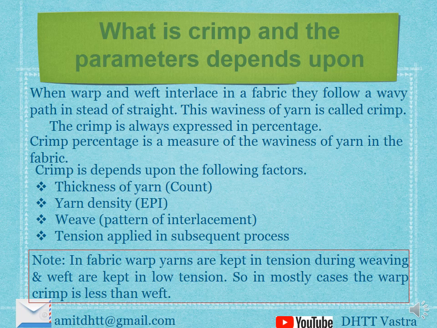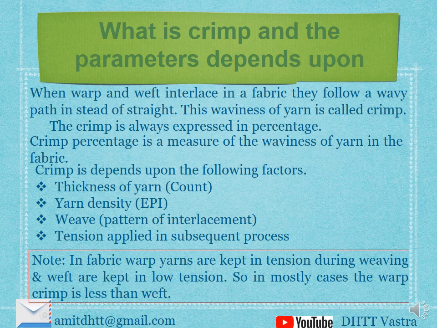If the count changes, the crimp also changes. According to the weave, the crimp also changes. And the tension applied in the subsequent processes, that is in weaving, the tension of warp and tension of weft, also affects the crimp.